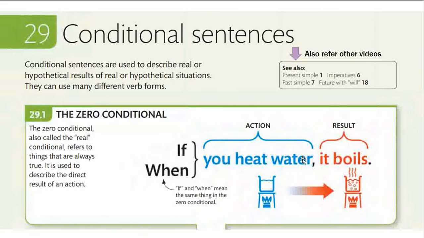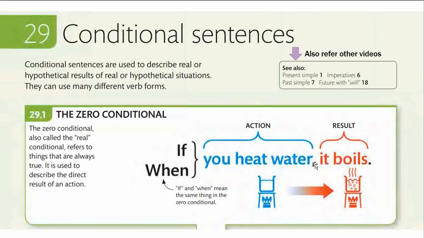Now let us analyze the sentence. If you heat water: if is the conditional word, and if you heat water is the conditional clause. After the conditional clause there is a comma, and then comes the independent clause: it boils. When you heat water: when is the conditional word, and when you heat water is the conditional clause.